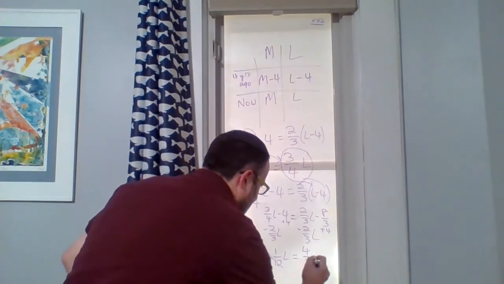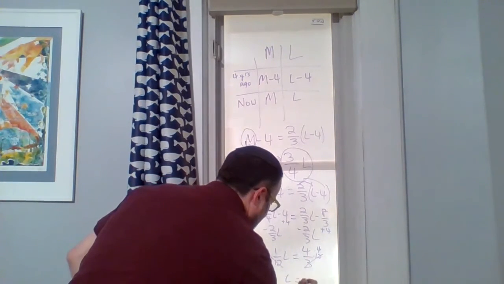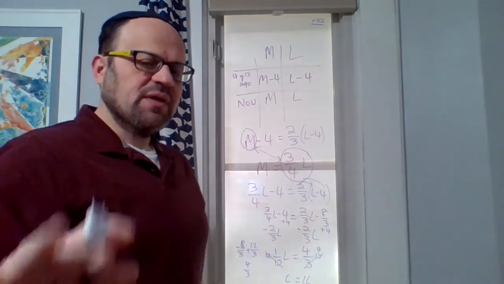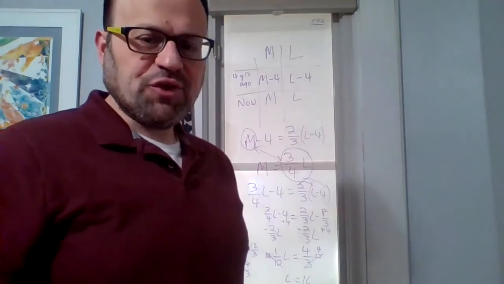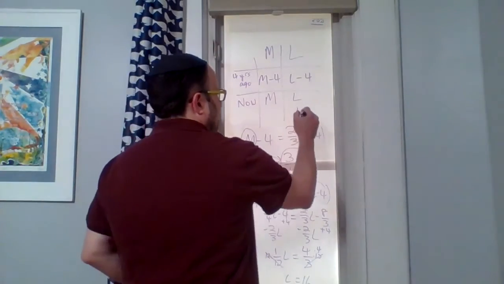Multiply both sides by 12. And we get L is 16. Do the work. You're okay with the fractions. You'll be fine. Take it one step at a time and it'll make sense.